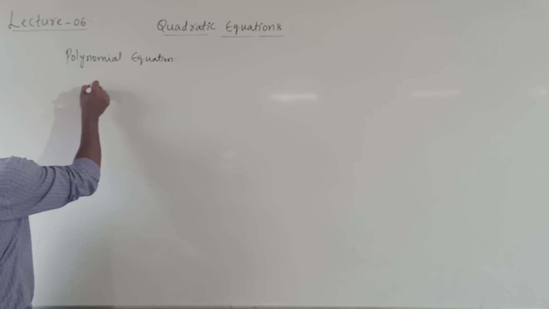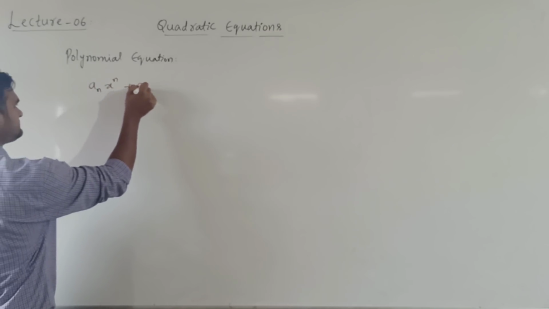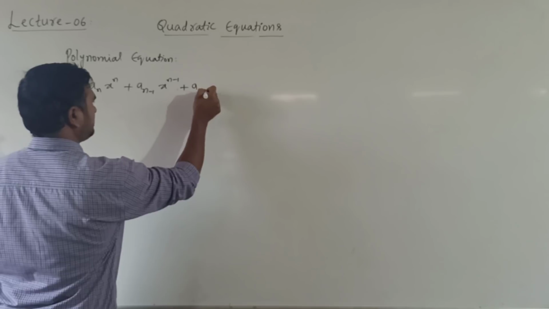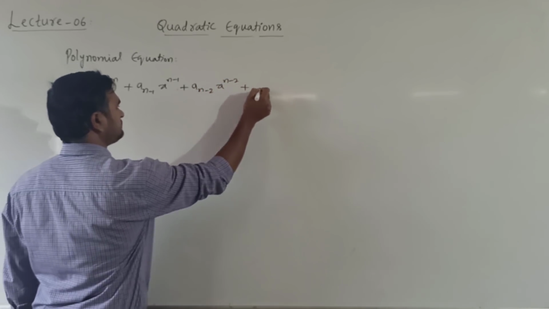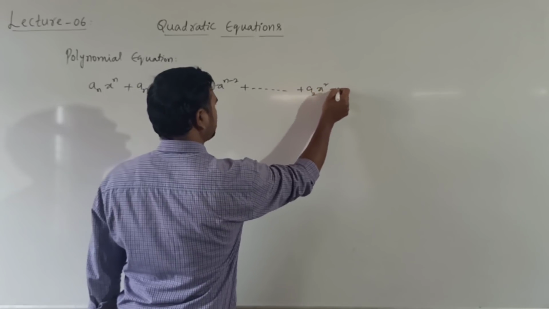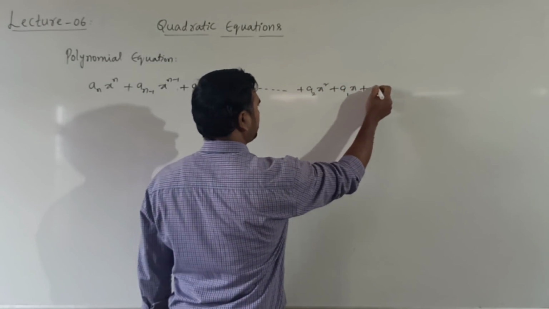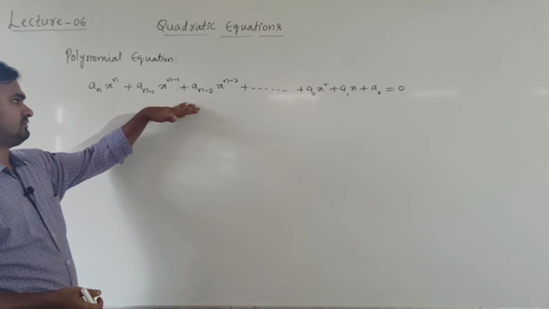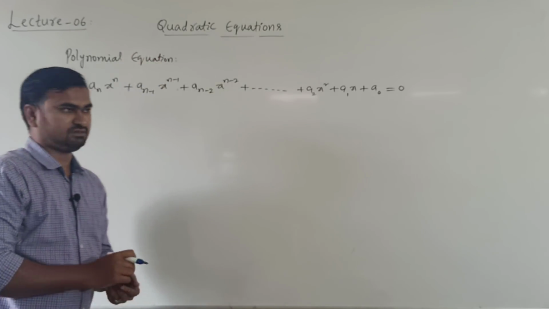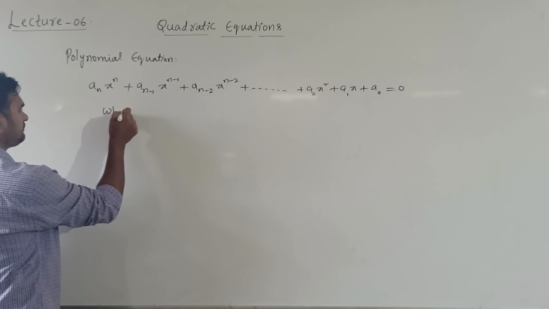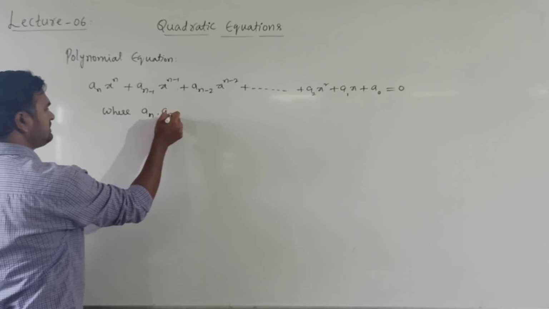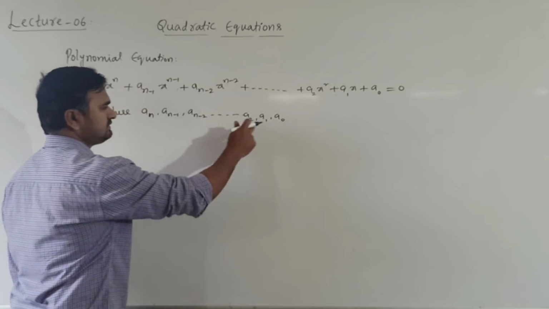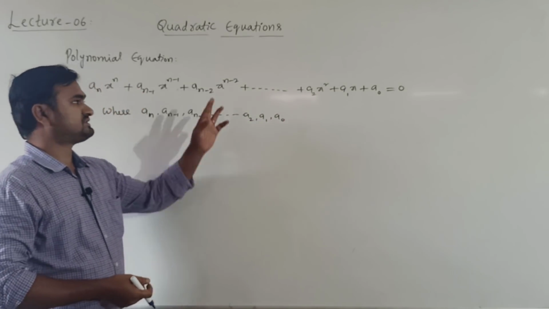So what is a polynomial equation? An equation of the form a_n x^n + a_(n-1) x^(n-1) + a_(n-2) x^(n-2) and so on up to a_2 x^2 + a_1 x + a_0 = 0 is called a polynomial equation, where a_(n-1), a_(n-2), and so on up to a_2, a_1, a_0 are constants, called the coefficients of variables.